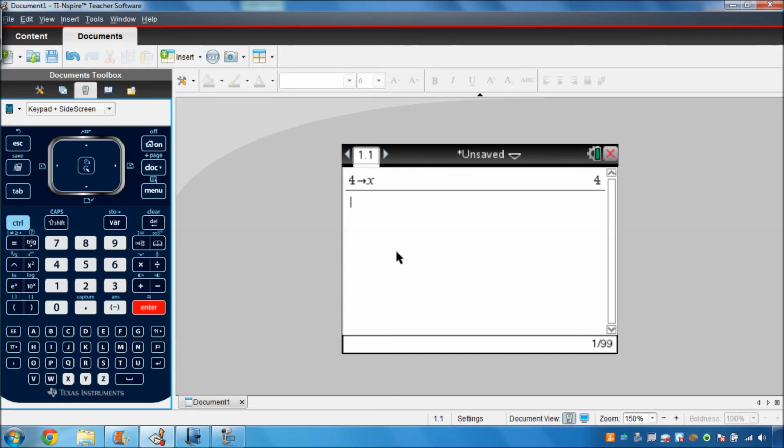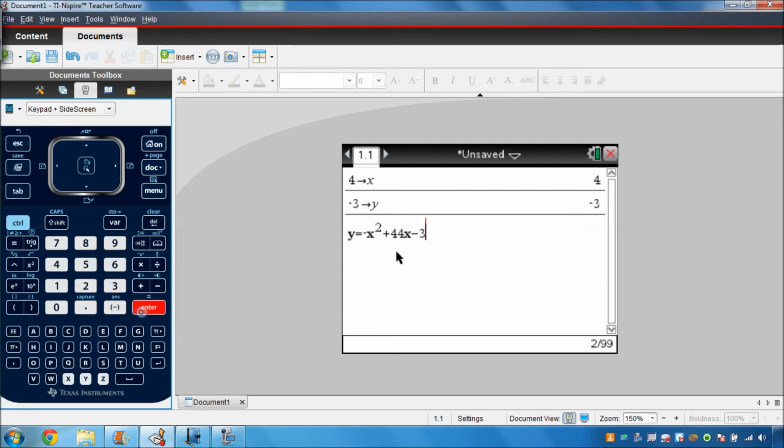And then you're going to store negative 3 in as your y variable. All right, and then type in your first equation. Your first equation is y equals negative x squared plus 4x minus 3.